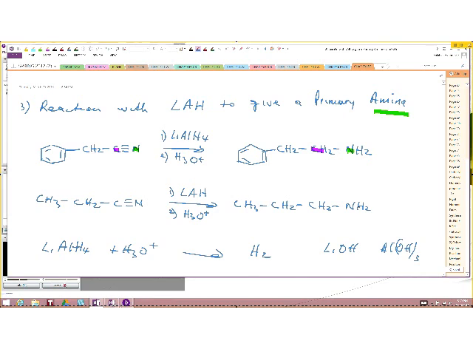Okay, so we have finished the reactions of nitriles. I've given you 3 methods with regard to reactions of nitriles. So now let us take a look at the reactions of carboxylic acid.